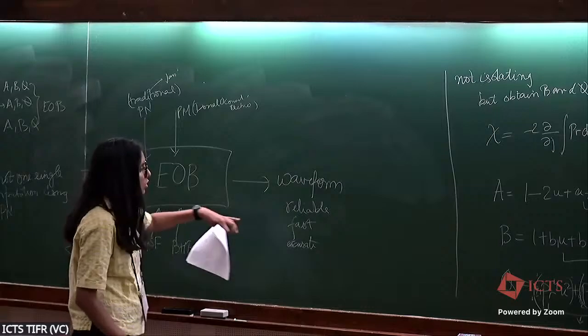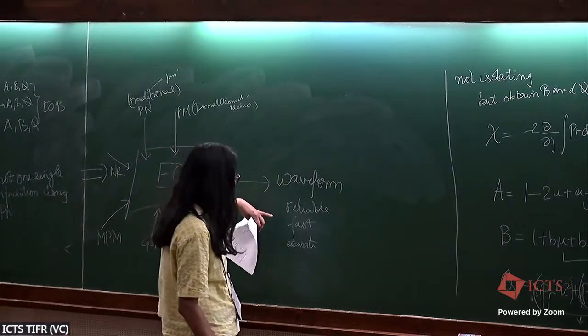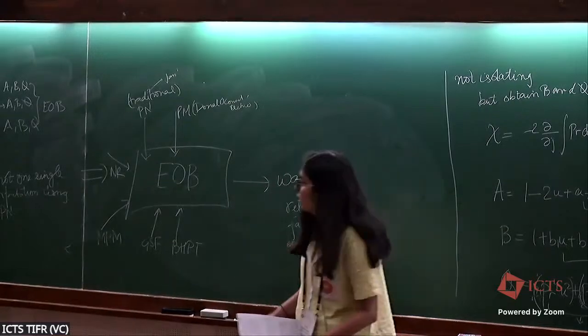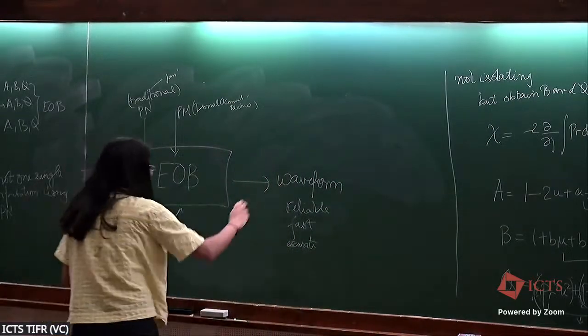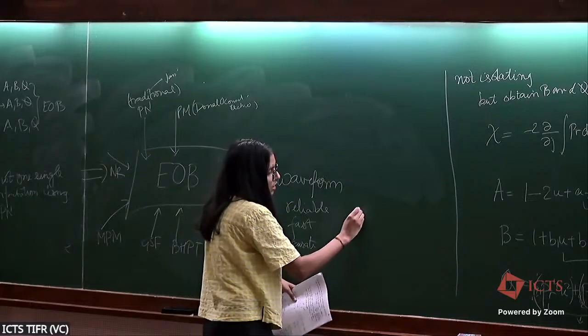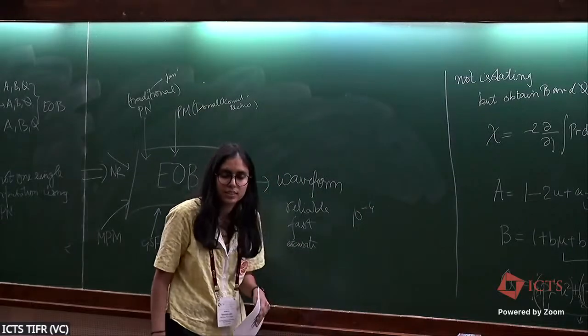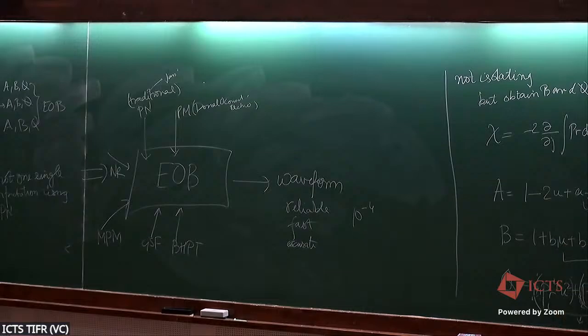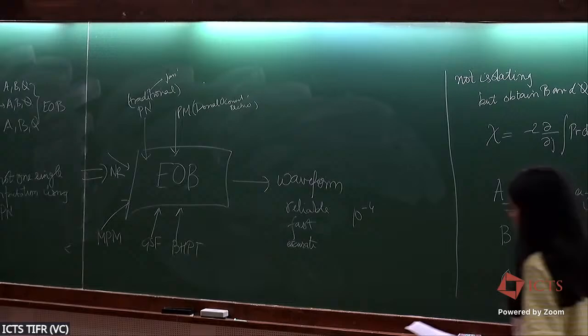And the current state of the art of the EOB waveform templates are such that the mismatch between the numerical relativity waveforms and the EOB waveform is 10⁻⁴, which implies that the EOB waveforms are quite accurate. And it is a powerful tool which can use information from every place in perturbative sense. And in some sense, it's the tutti frutti thing, the EOB.